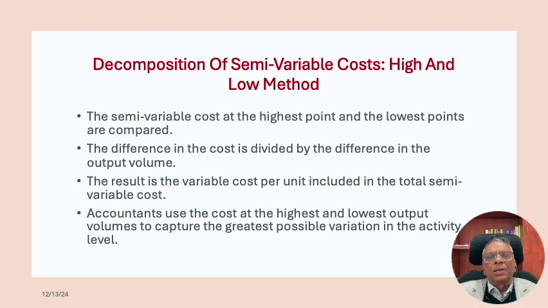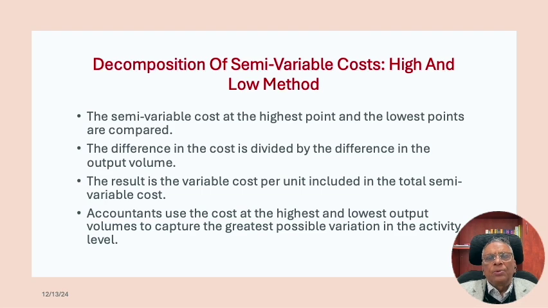One very common method is the high and low method. It is a simple method. If we take a period, let us say a 1 year period, we calculate the highest volume and the corresponding semi-variable cost at that volume.